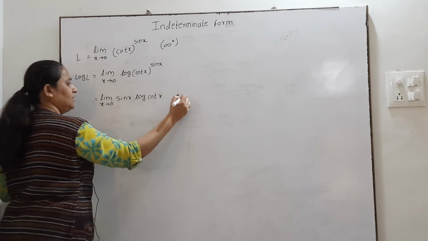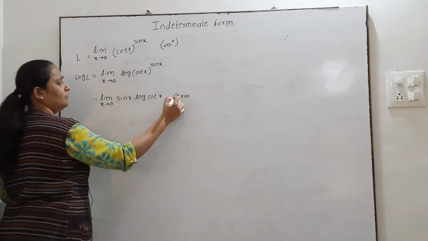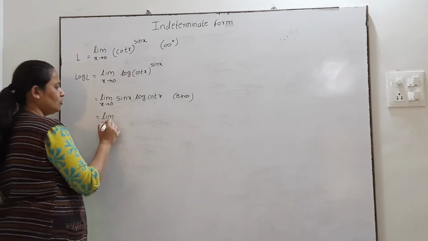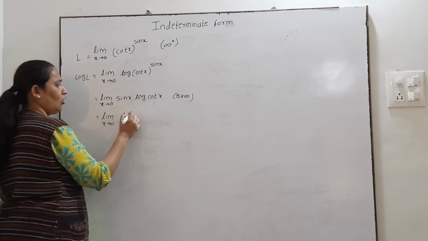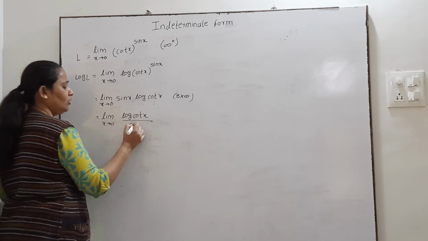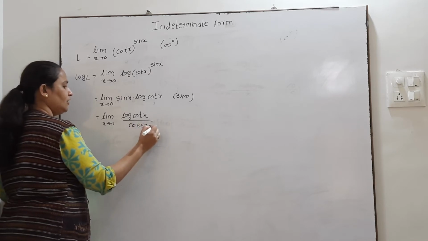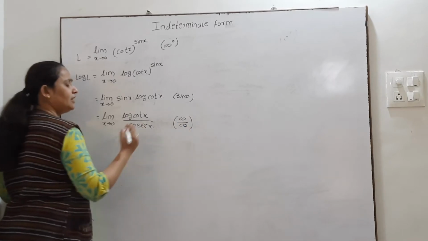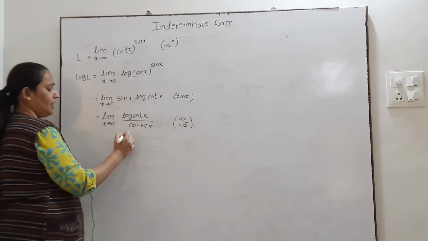If you apply limits, this is in the form of 0 into infinity. I can write this as limit x tends to 0 of log of cot x upon 1 upon sin x, and 1 upon sin x is cosec x.